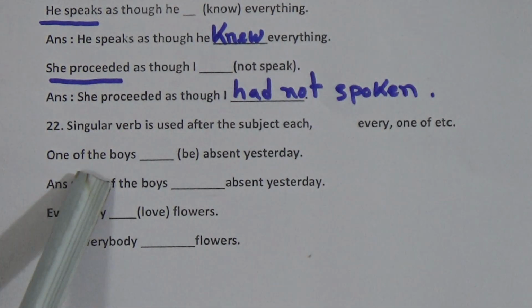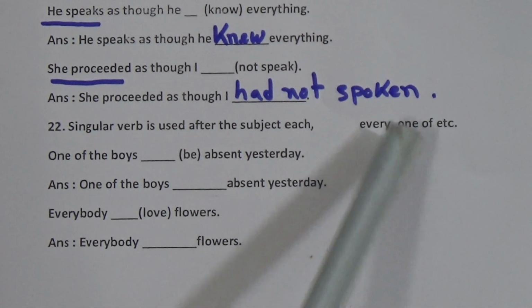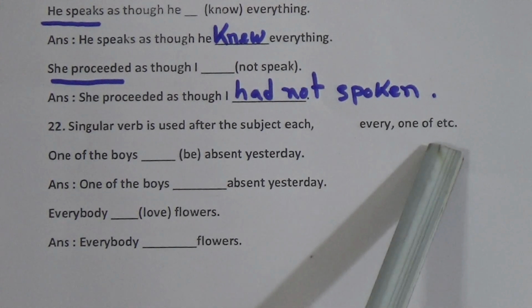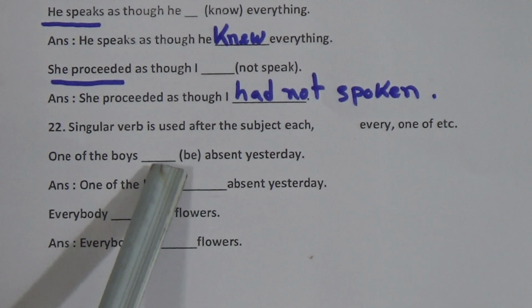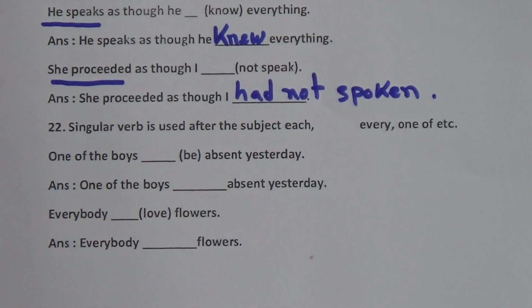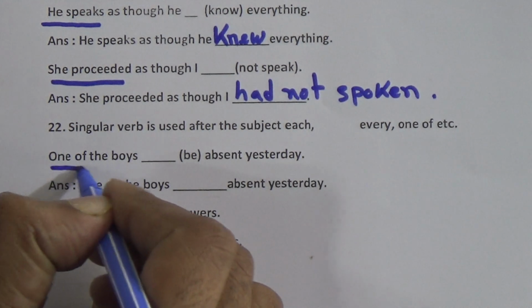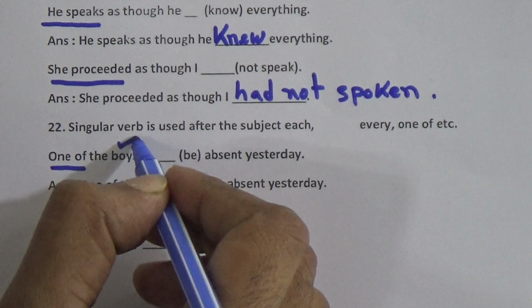The next rule: singular verb is used after the subject each, every, one of, etc. That means if you find each, every and one of, you will use a singular verb. One of the boys (be) absent yesterday. Look here, we have found "one of," so don't be confused by the word boys.